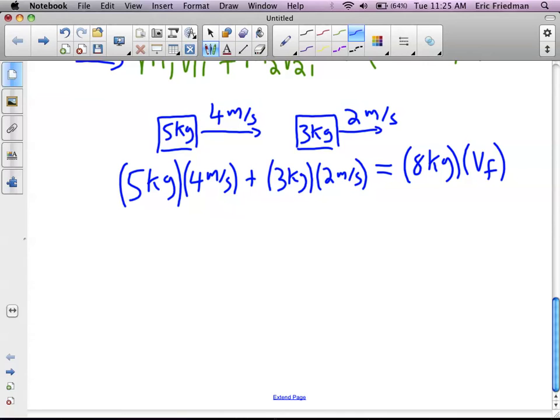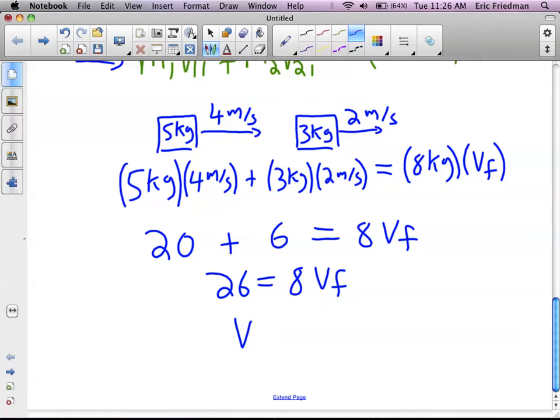So if I drop my units, then I'm going to get 20 plus 6 equals 8 VF. Now I was trying to work this out so the numbers were good, but it didn't work out that well. 26, so VF is 26 over 8, right?